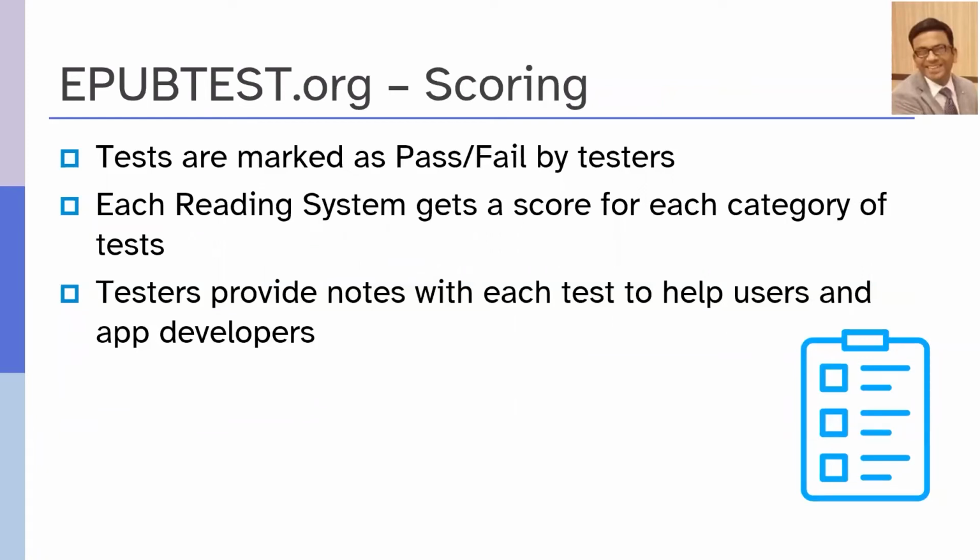So the tests have to be marked as either pass or fail, and testers are expected to provide comments in the notes field as to why a particular test failed. The comment should be helpful for others in reproducing the results.